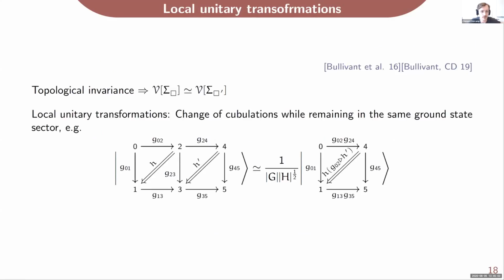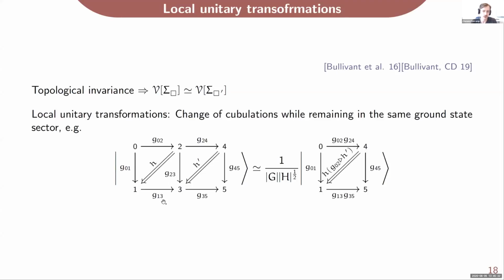Now, from this we can define the ground state subspace. As for gauge models and topological models in general, the topological invariance implies that given different cubulations, the ground state subspaces will be isomorphic. What it means in practice is that we can do local unitary transformations that change the cubulation, but we remain in the same ground state sector.